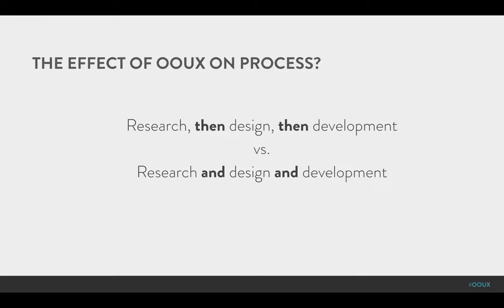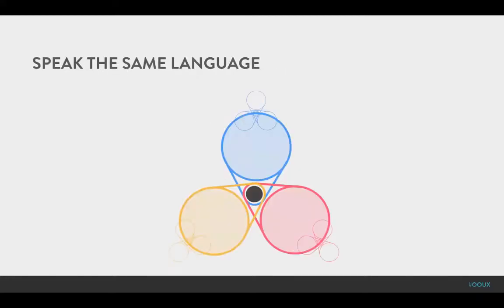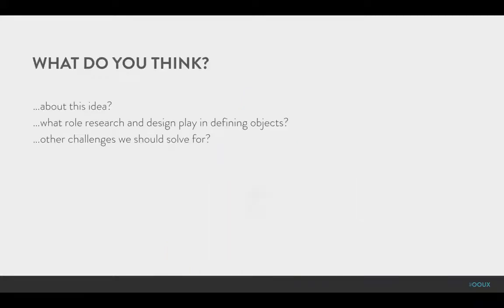Instead of thinking of it as a left to right thing, think of it as a center out, where each additional ring is an additional level of fidelity and additional depth to the product that you're building. Again, we're going to speak the same language with the user and the objects and the collection of objects and their state in the center.